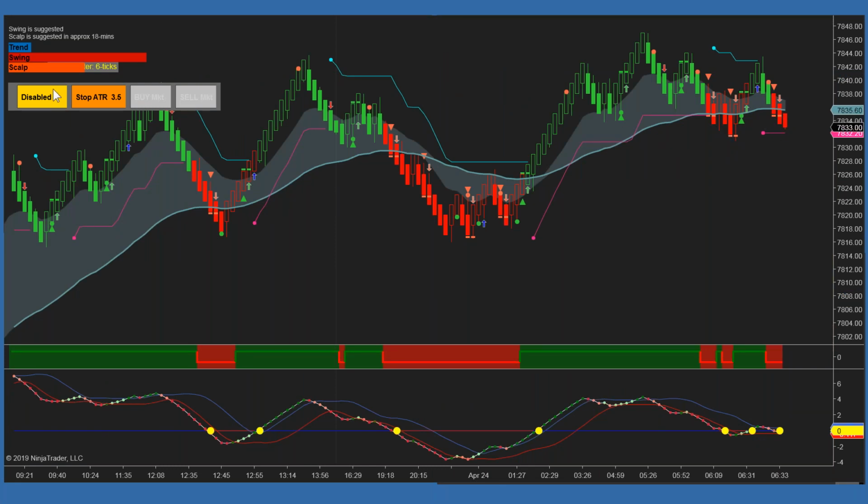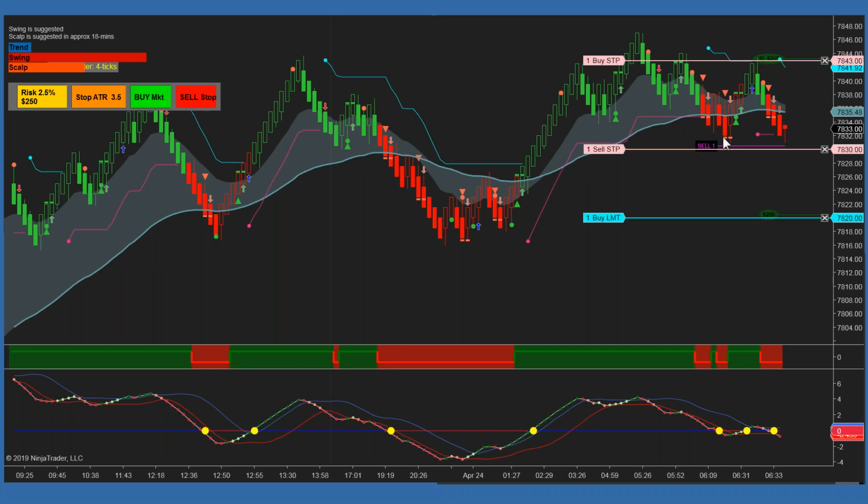1, 2, 3 signals. All right, I'll point it out to you. Here it is. Let me put the order on and then I'll explain what's going on. The rule of 3 signal here in the Eagle is actually a counter trend trade.